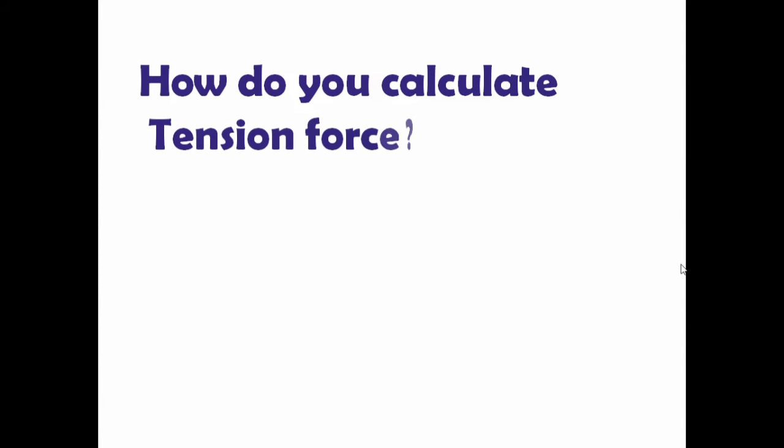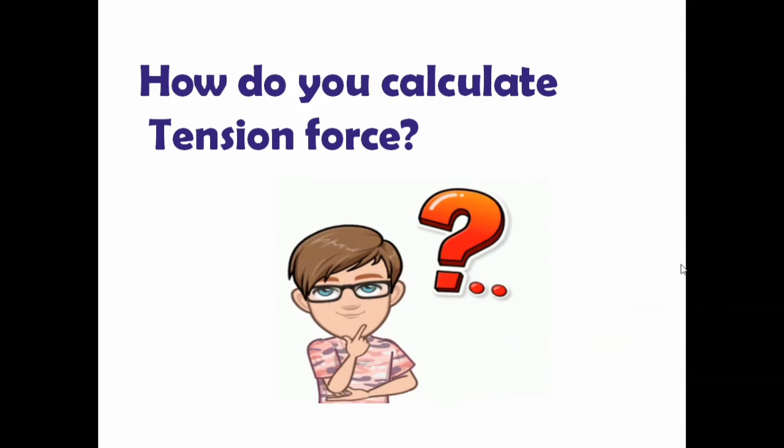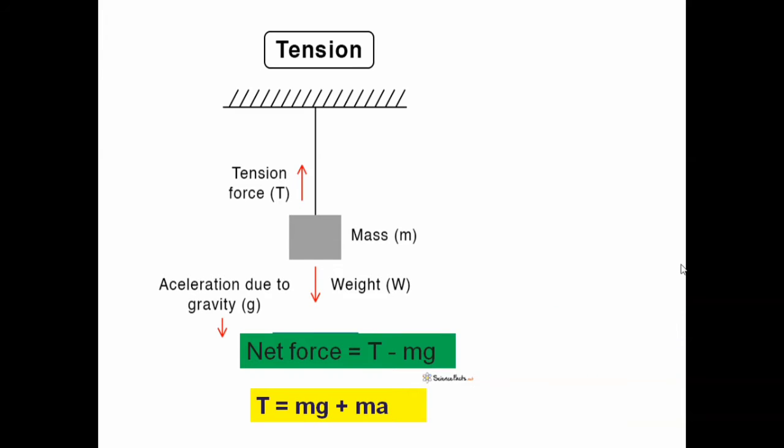Okay. Then how do you calculate tension force? Let's see this mechanism. A mass M suspended by a spring, a force acting upward is the tension force. The downward force is the weight of mass into gravitational force.